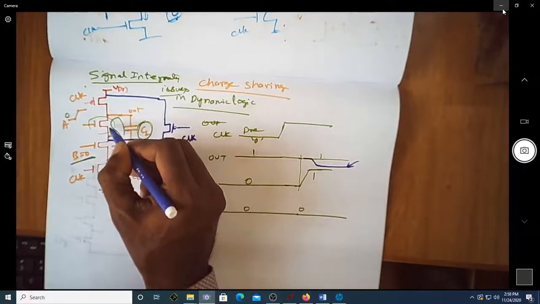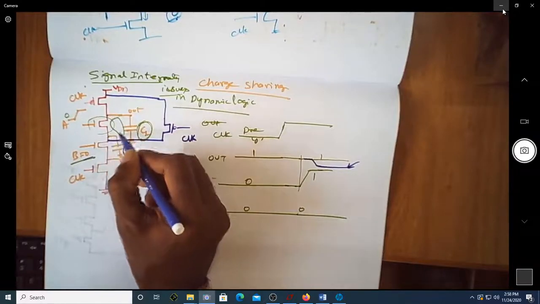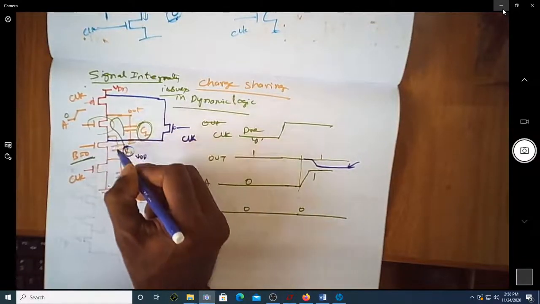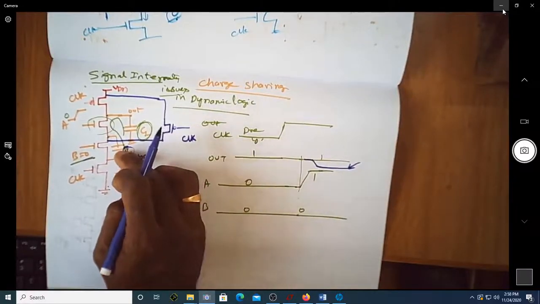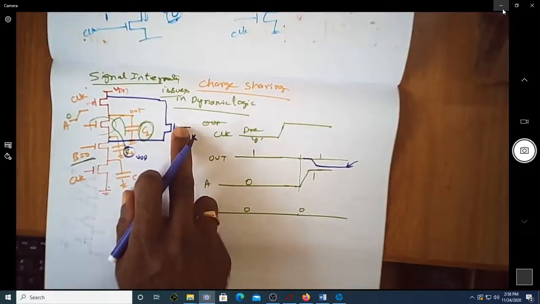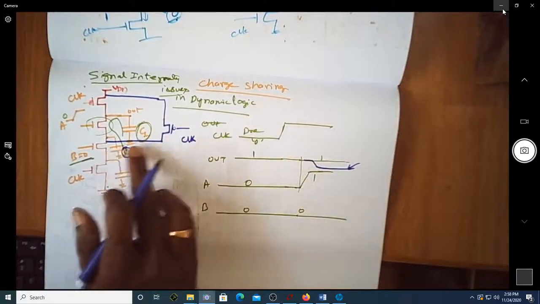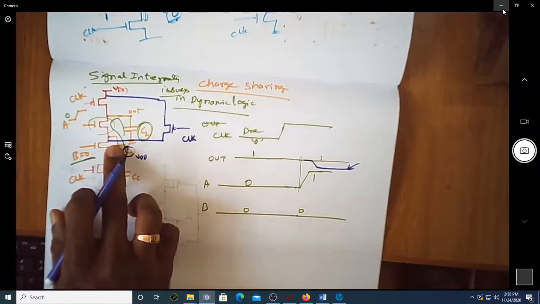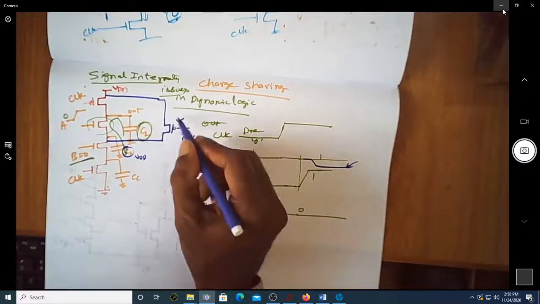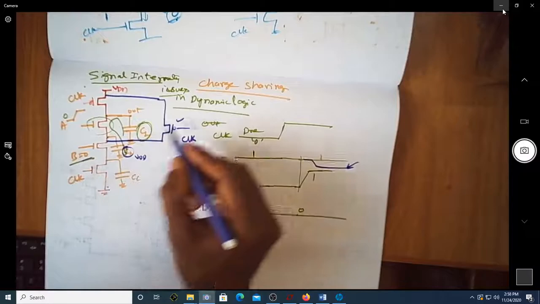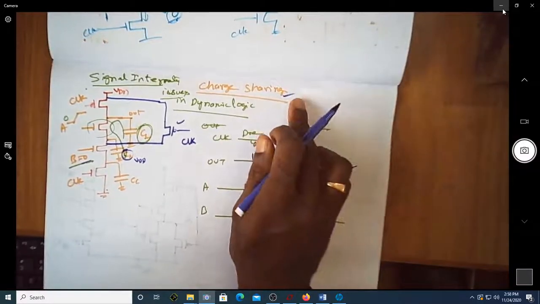Since there is no potential difference between this end and this end, the charge will not be leaked here. So there is no question of charge sharing here, because this is already charged to VDD because of this second pre-charge. This is the pre-charge for this intermediate node. So by having this extra bleeding transistor, we can avoid this charge sharing problem.